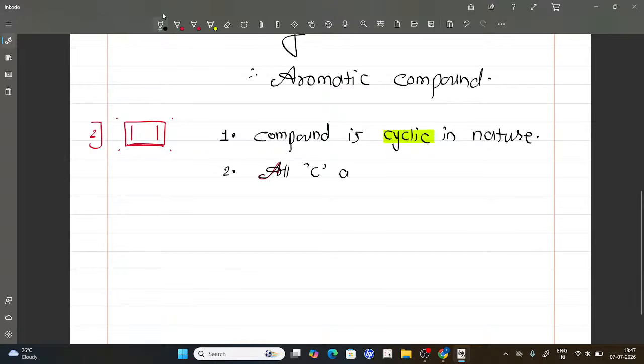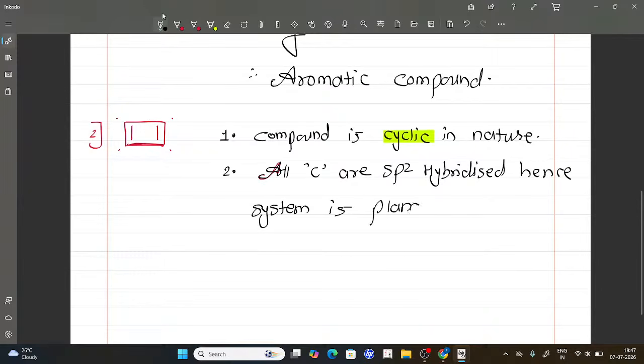All carbons are sp2 hybridized, hence your compound is planar. Two conditions are fulfilled. Now we are going to look at the third condition, that is conjugation. See here, is there any conjugation present in your compound?